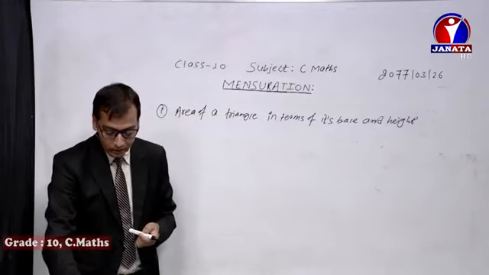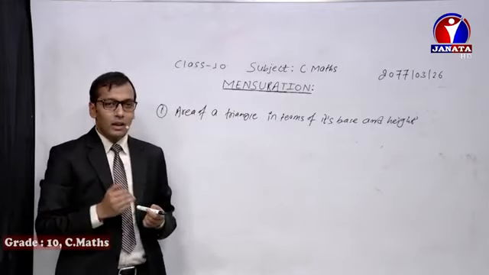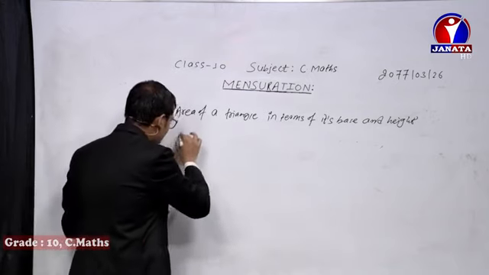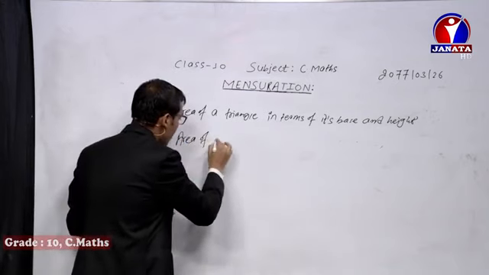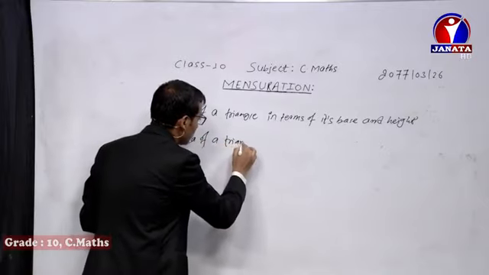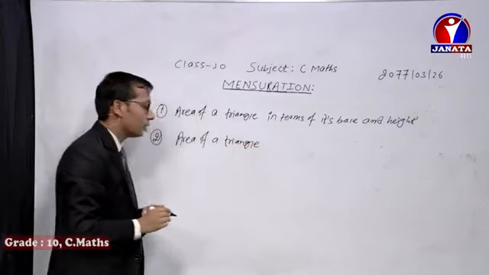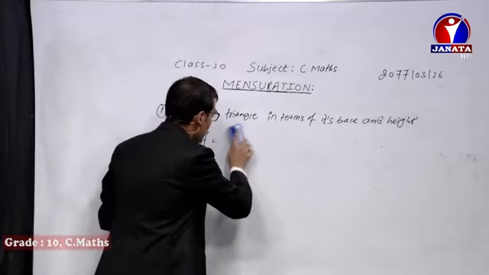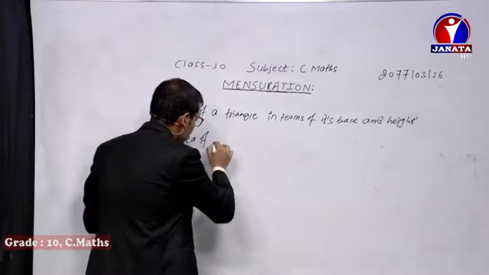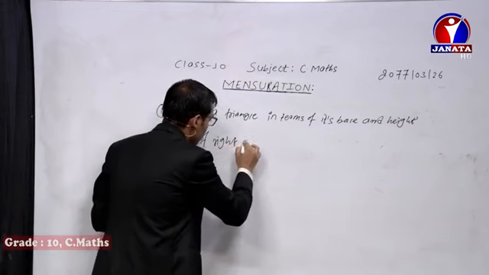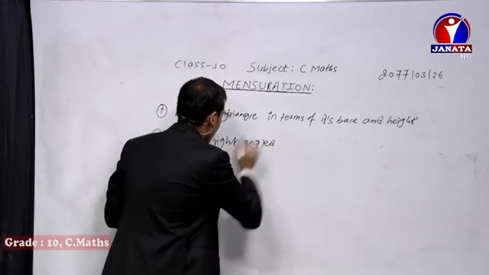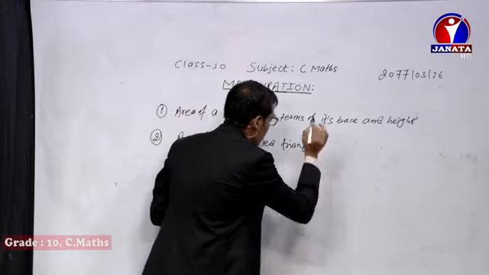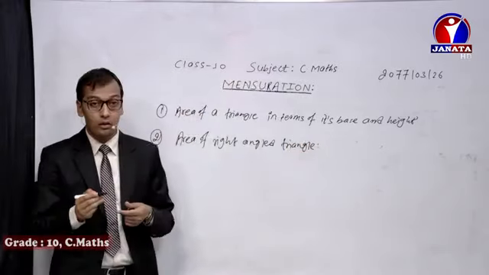Now we can see the next one, area of a right angle triangle. So let's write area of right angle triangle.